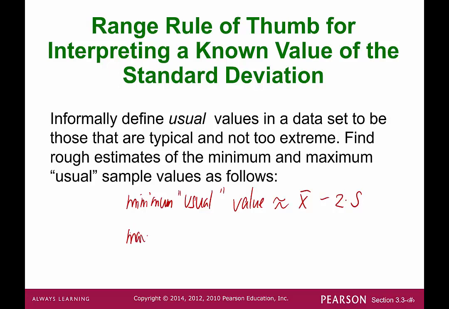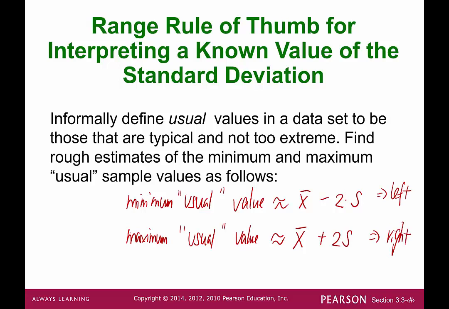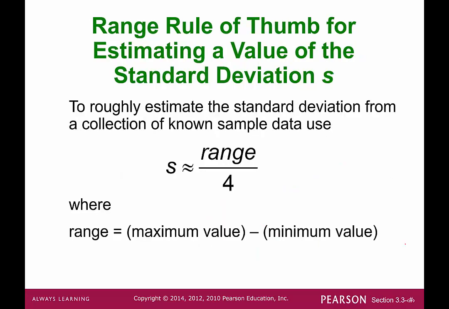The maximum usual value is approximately sample mean plus 2 standard deviations. So this is 2 standard deviations on the left and 2 standard deviations on the right. If you know the sample mean and the sample standard deviation, which we showed a couple of formulas for earlier, you can easily calculate these.